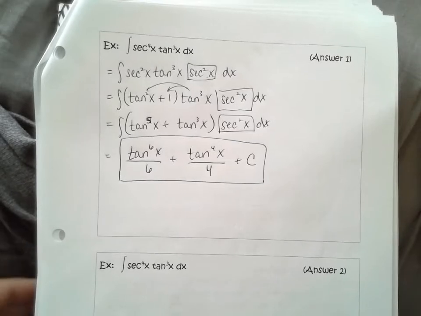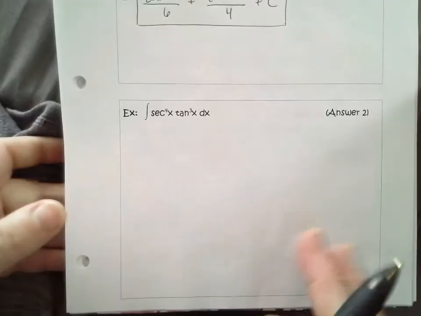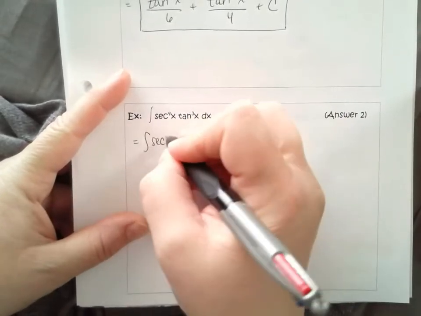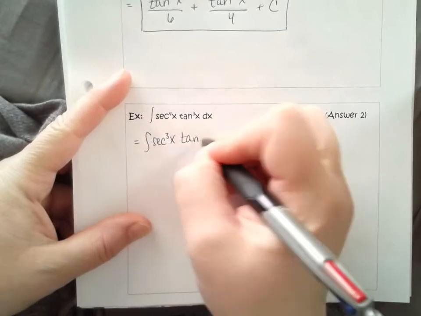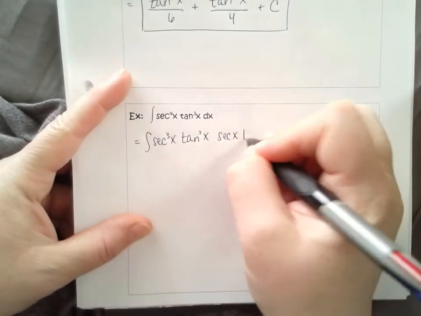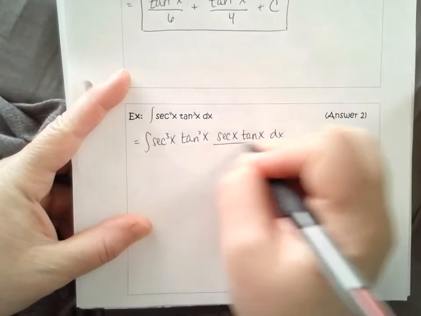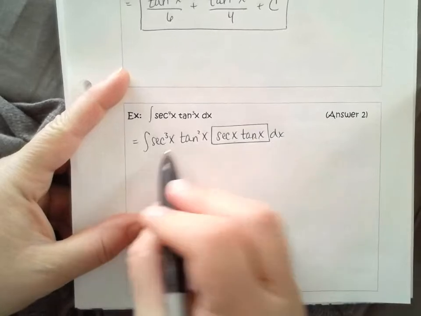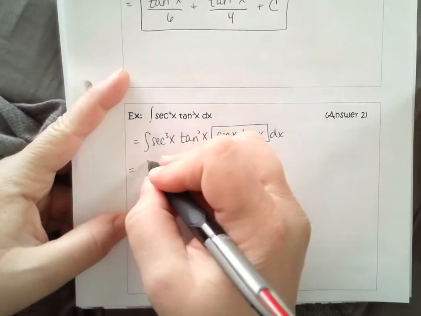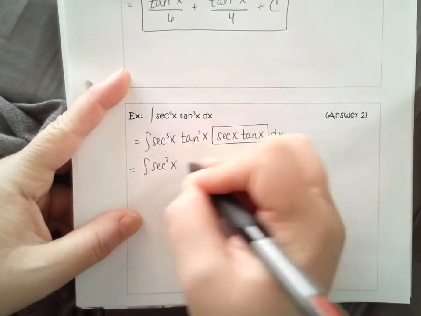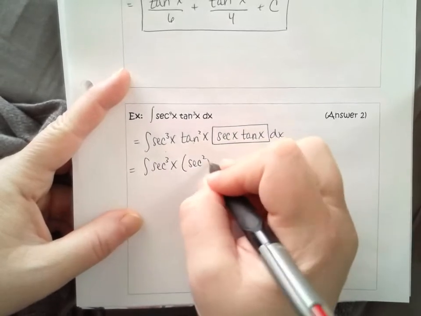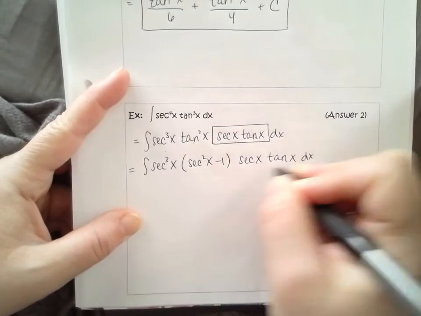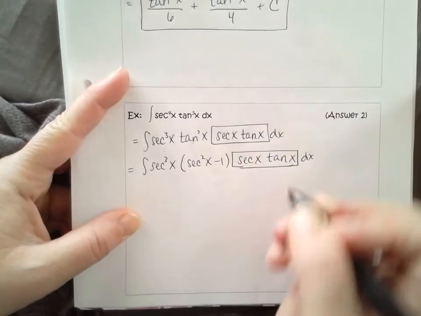Okay? Same problem, except now look at the tan. Tan is odd, and if we have an odd tan, it said, okay, save one of the secants and one of the tans. Well, this is the derivative of secant. So this secant's fine, it's this tan that we're going to have to change. Tan squared is equivalent to secant squared minus 1. Distribute.